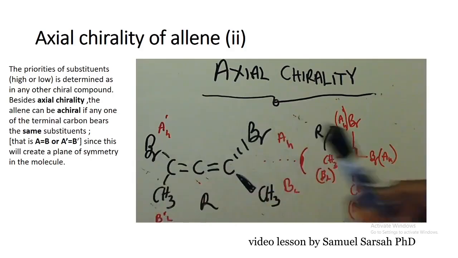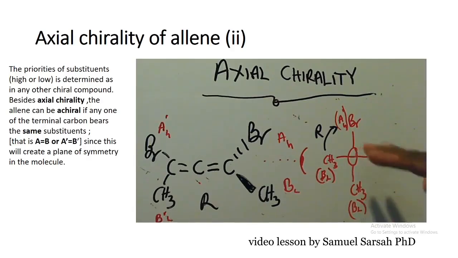I will get the same answer. Okay, so always start from the lowest priority of your starting point, and then draw the arrow towards the higher priority substituents of the next group.